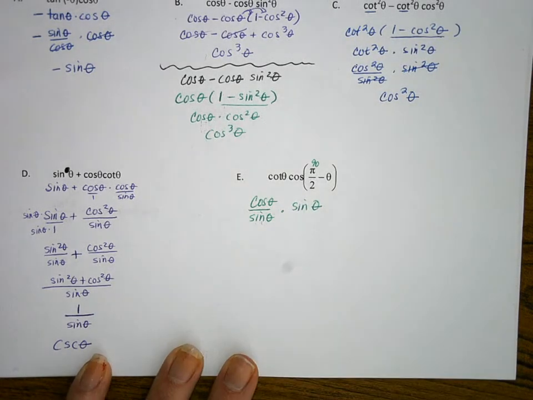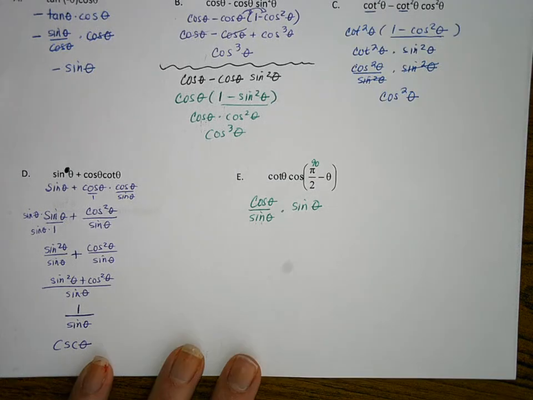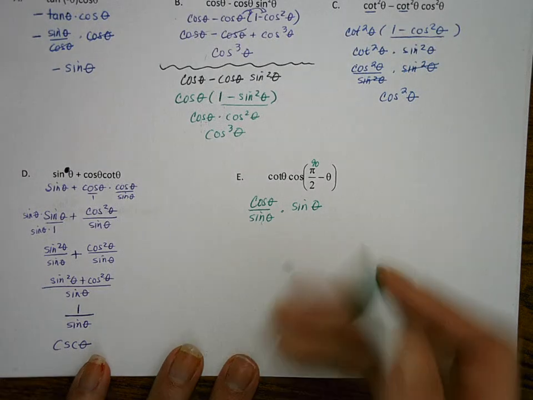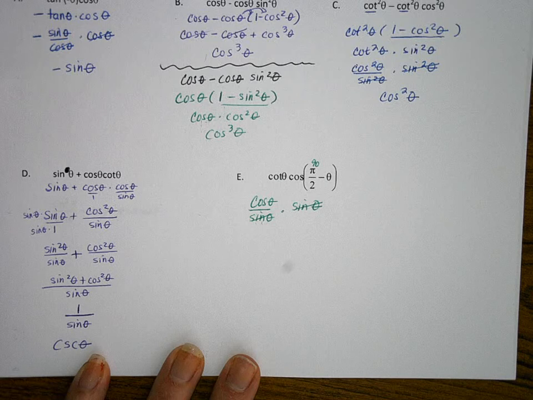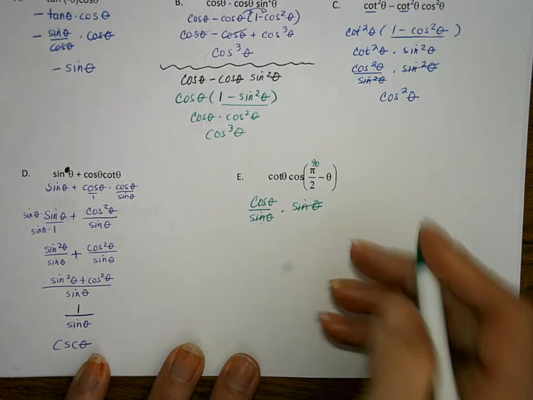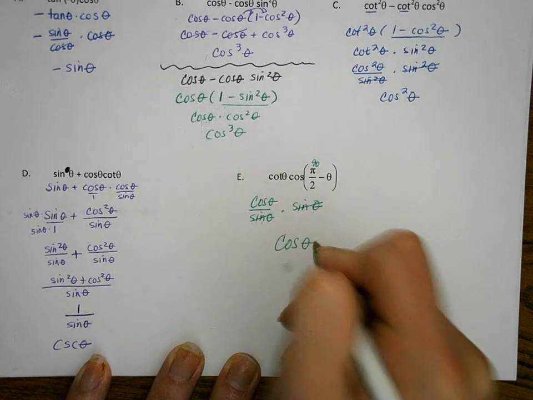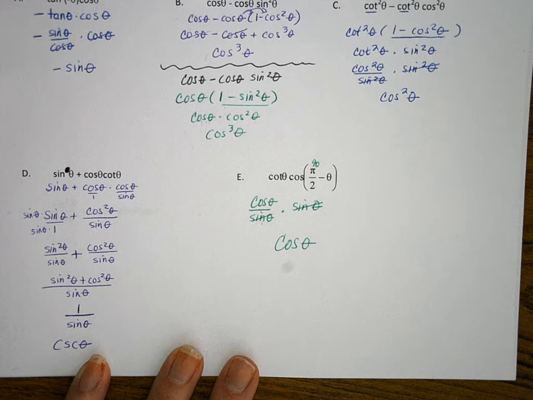If you see your substitutions, life gets really good really quick. Because what happens? Yep, sine in the numerator, sine in the denominator, and all this messiness becomes cosine of theta. And I'm down to a single cosine, so I know that that's as good as it's going to get.